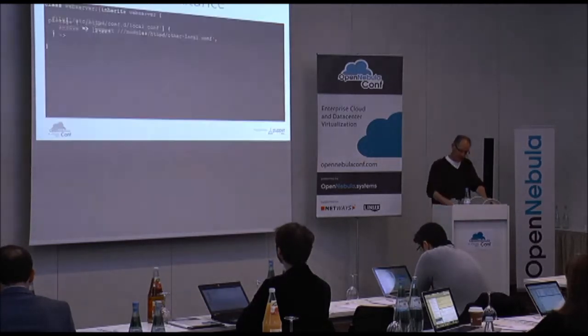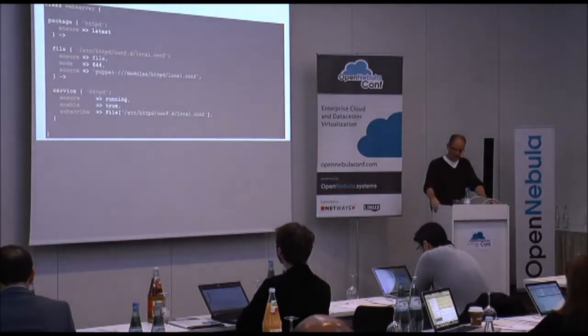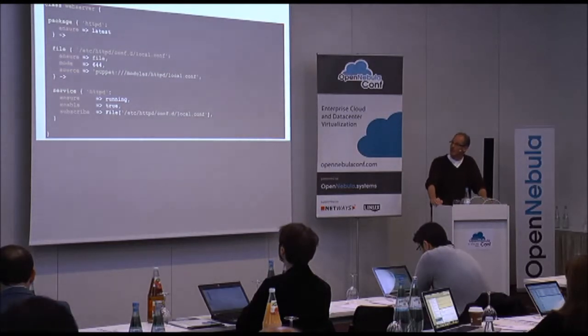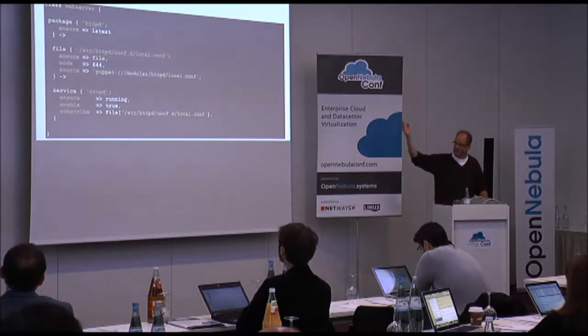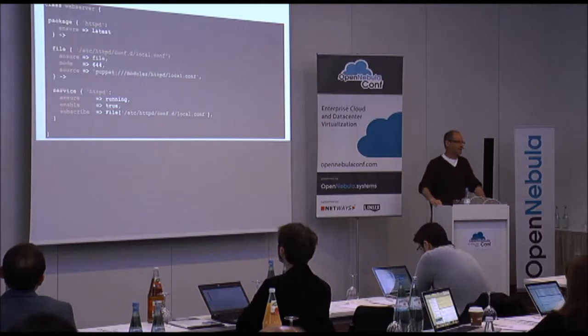The way you describe your infrastructure in Puppet is with its own language called the Puppet DSL. We're really good with naming, and this is the prototypical use of a manifest. If you have this pattern down, you probably have covered 80% of what people need to do when they manage infrastructure with Puppet.